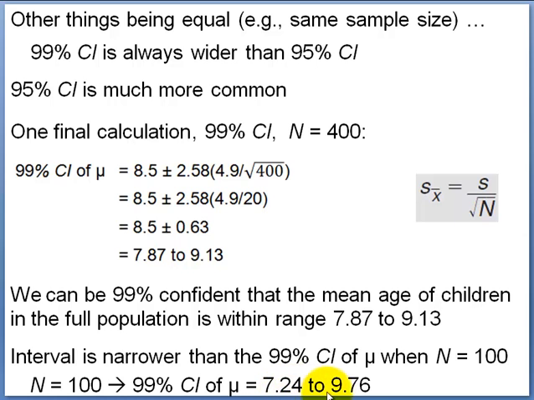There the interval spanned from 7.24 to 9.76. So this comparison is pointing out to you that whether you're working with a 95% confidence interval or a 99% confidence interval, when the sample size goes up, both of those confidence intervals are going to shrink.